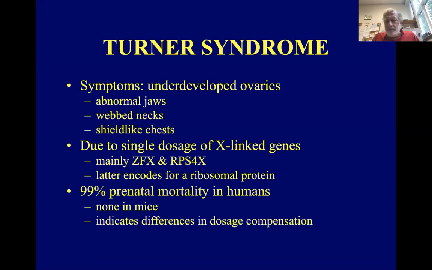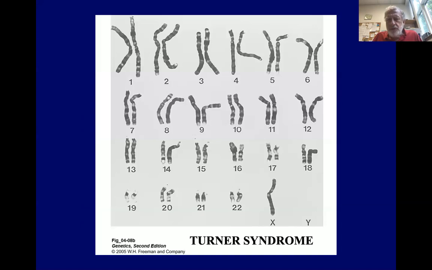But there's 99% prenatal mortality in humans, but none in mice. So that's interesting. That could indicate there are different ways of dosage compensation in humans and mice. So only 1% of the time do Turner syndrome fetuses make it to birth, but they can survive to adulthood apparently. So here's somebody with Turner syndrome, only 45 chromosomes, just a single X chromosome.